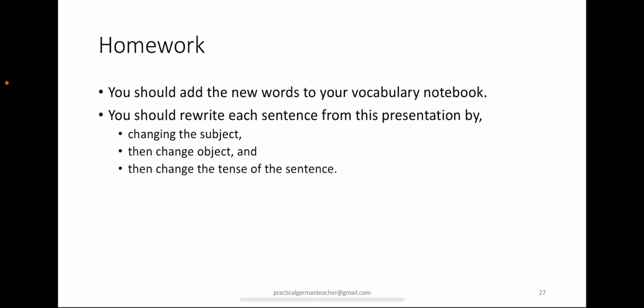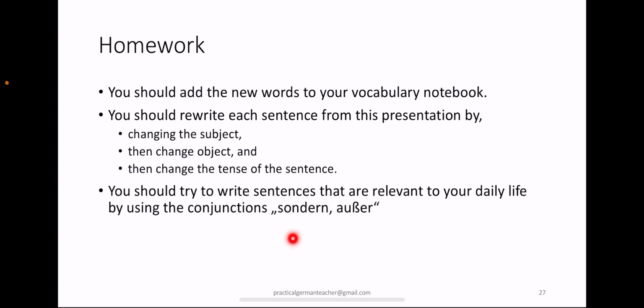Then also change the object. There was a sentence where it said everything except the onions, so you can change onions to some other vegetable or topping that you don't like in your falafel sandwich or doner sandwich. Then also change the tense of the sentence. If it is present, make it past with Partizip zwei. If it was past with Partizip zwei, write it again in present tense.